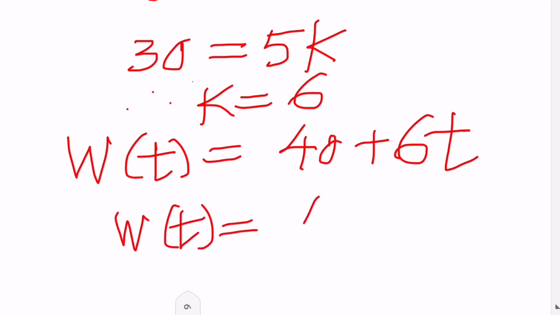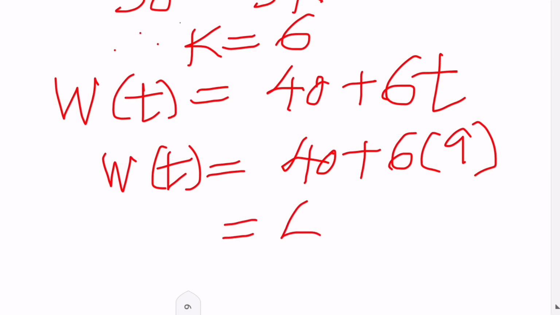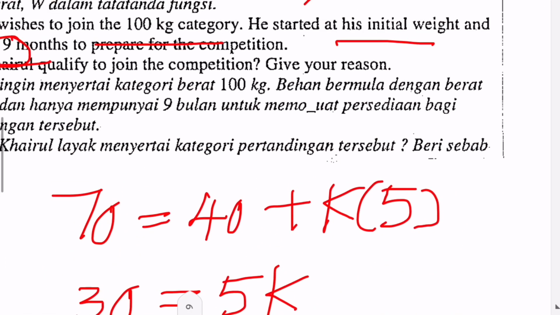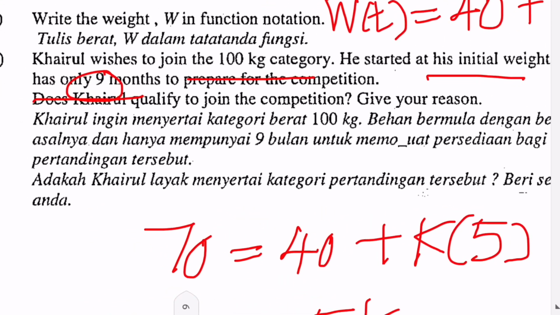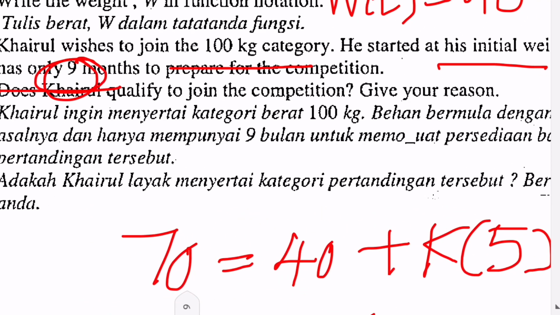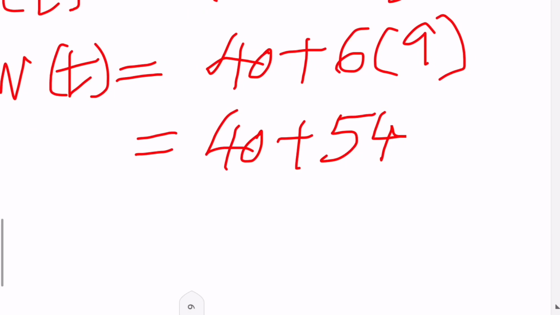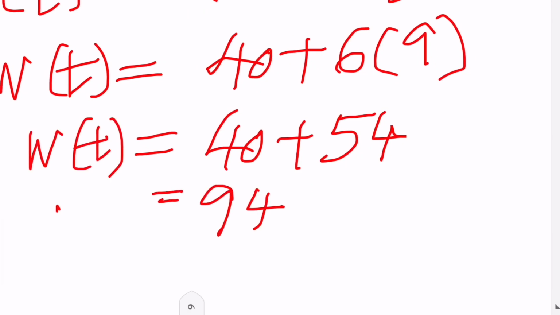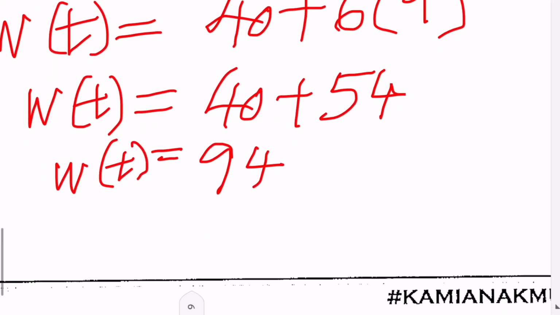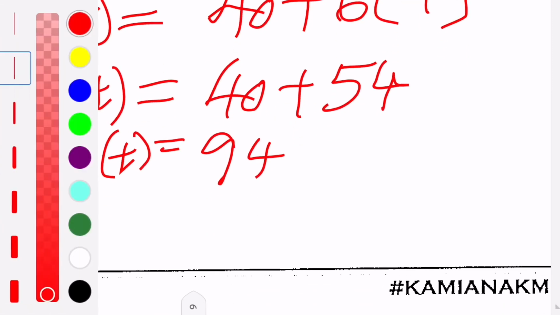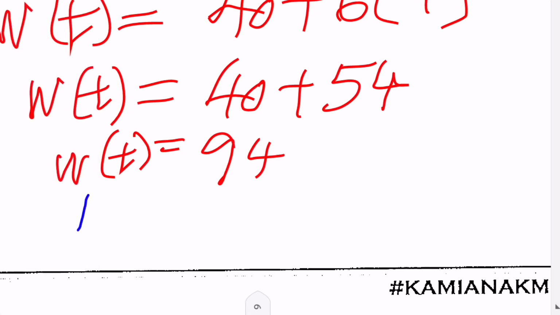So this is the function notation. W(T) is 40 plus 6 times 9, because of the 9 months. Then we work it out. Carol's target is to join the 100 kg category. But after 9 months, if you substitute into the function, the weight for Carol is just 94 kg.